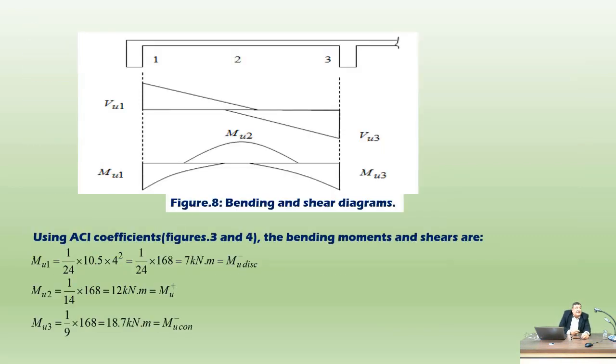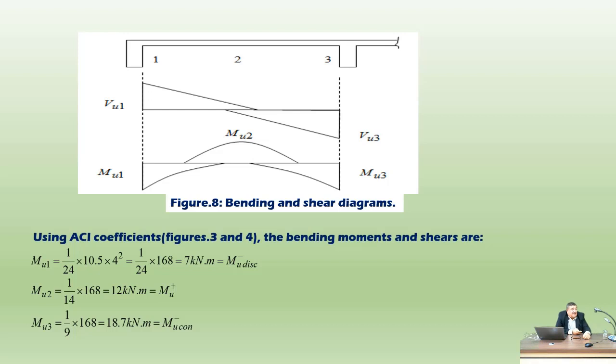Using ACI coefficients, figures 3 and 4, explained previously, the bending moments and shears are: Mu1, the exterior negative moment, equals 1/24, this is the ACI coefficient, multiplied by 10.5, multiplied by 4 squared, where 4 is the clear span, and equals 7 kilonewton meter. Mu2 equals 1/14 times 10.5 times 4 squared and equals 12 kilonewton meter.